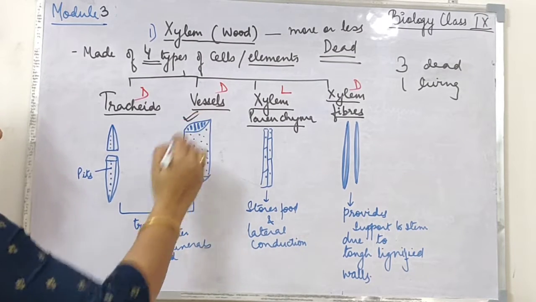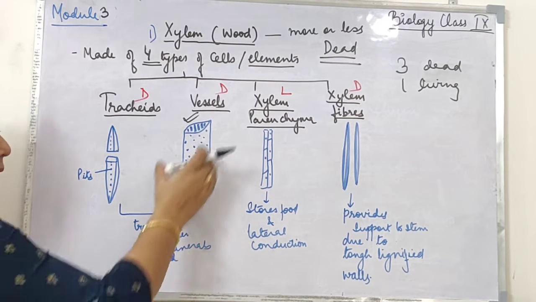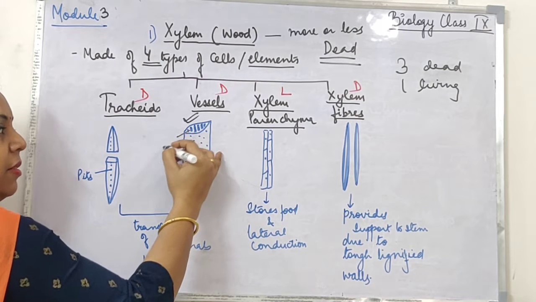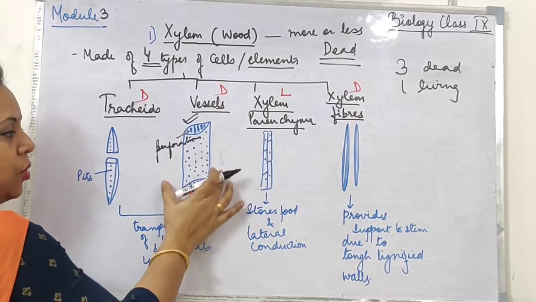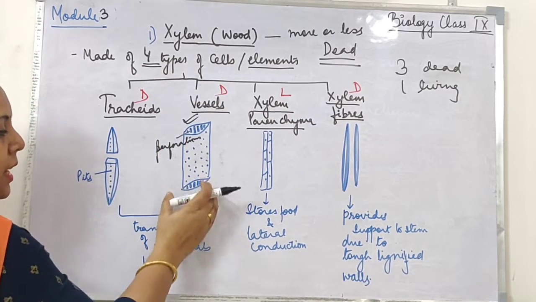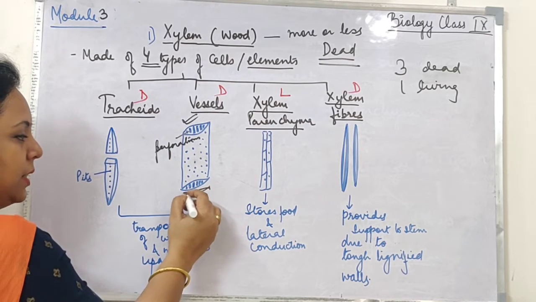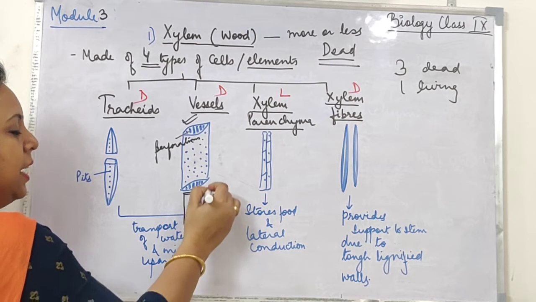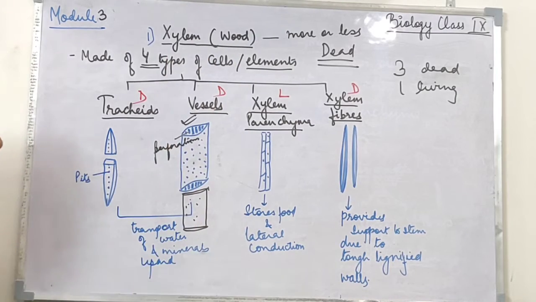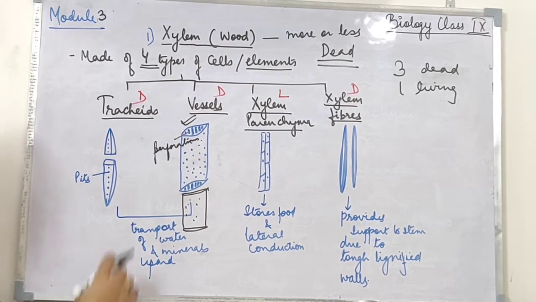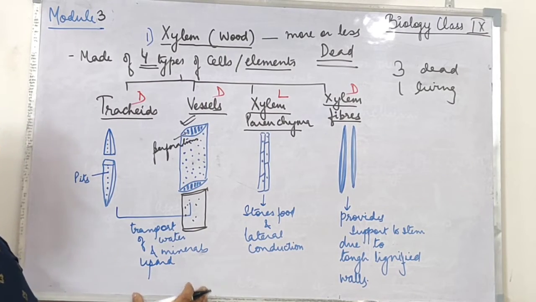Basically the most important element in case of xylem is the xylem vessels, and these cells have perforations over here as well as on the body of the cell, and when kept one after the other, vessel elements will be placed like this, and they form a tube over tube like conducting system. So both tracheids and vessels are dead, and they are responsible for the upward conduction.